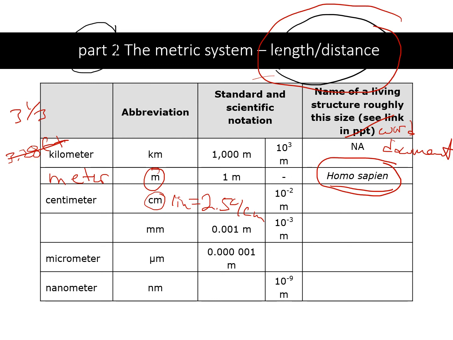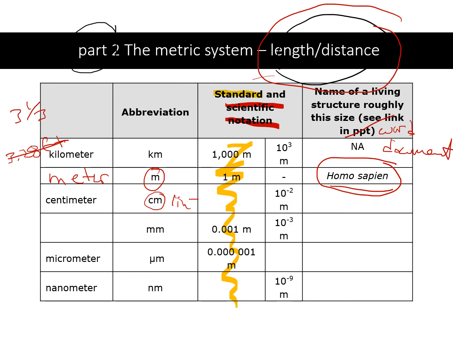I'll let you do it. In this column, all this is our standard notation. And this is maybe I shouldn't have said scientific notation, but it's the exponent version of this, right?